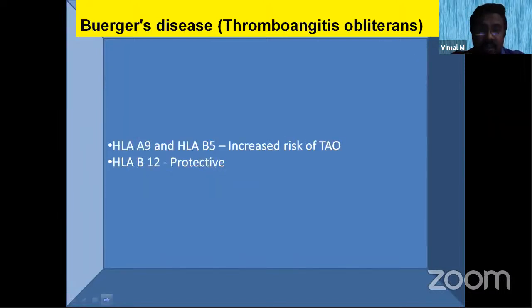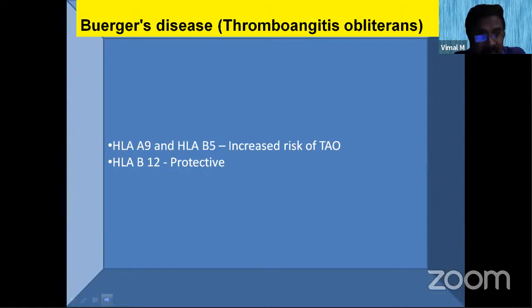And the HLA sometimes can be asked. In Buerger's disease, you have to remember HLA-A9 and HLA-B5 as risk factors, increasing the risk of thromboangiitis obliterans. And interestingly, HLA-B12 is protective. Some may be asking why this smoker is not getting Buerger's, while that smoker is getting Buerger's.